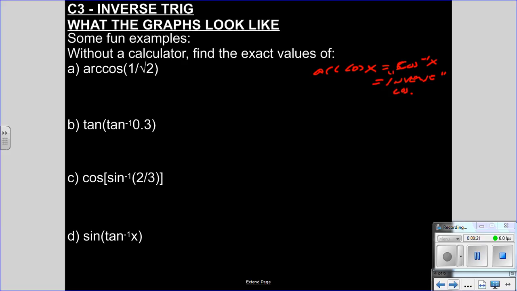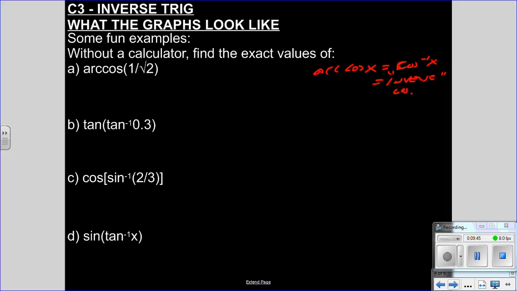Cos says, give me the adjacent over the hypotenuse, and I'll give you the corresponding angle.